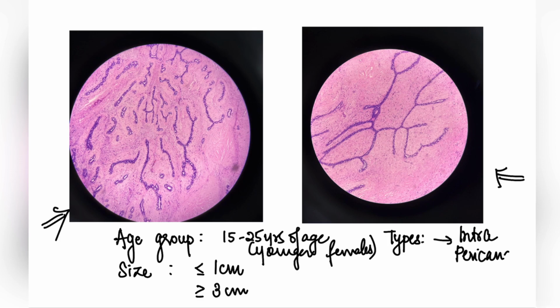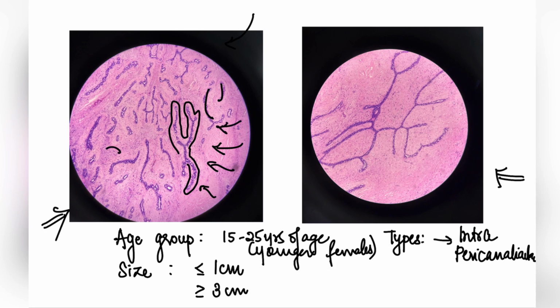So how do you differentiate between intracanalicular and pericanalicular? That is where the histopathology comes into the picture. As you can see, the stroma is increasing, and what is it doing? It is pushing the glands to make them form a slit-like pattern. So all of these glands are just like slits, because the stroma is pushing them and compressing the lumen to form slit-like glands.